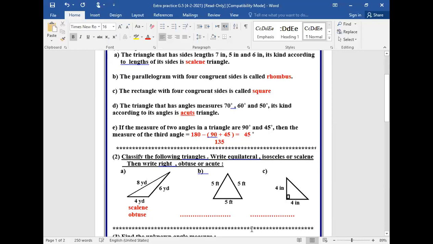What is the kind of the second triangle according to length of its sides? The three sides here are 5 feet, 5 feet, 5 feet. All of them are equal. It will be equilateral.